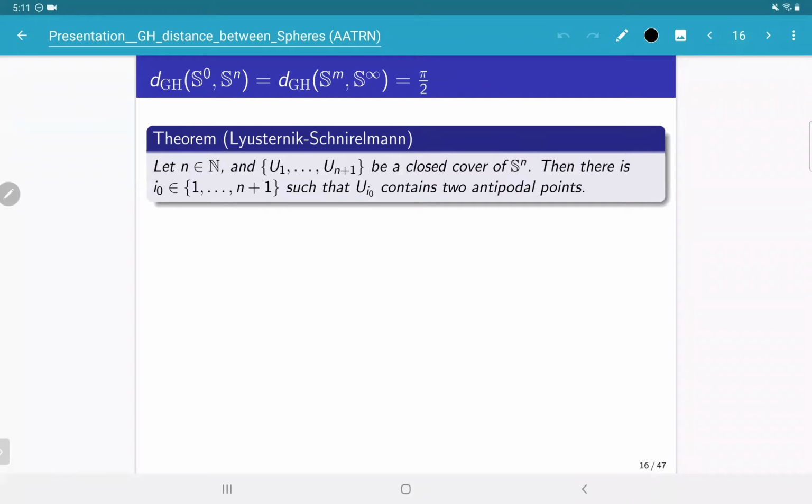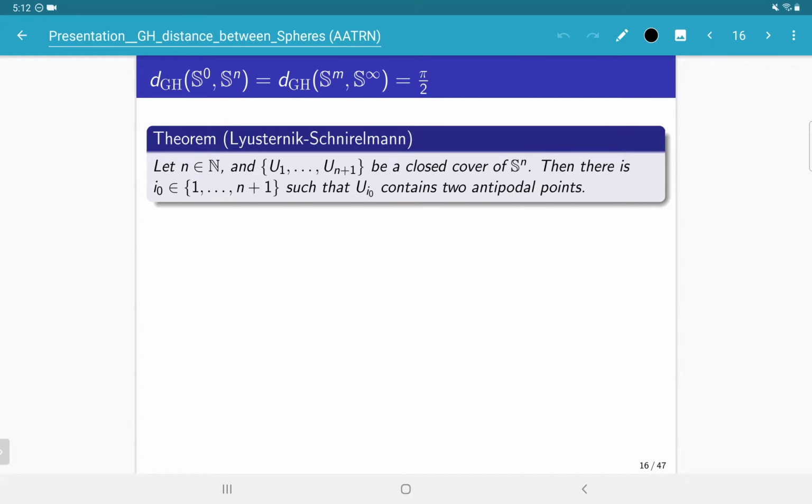Okay, so let's see. First, I want to prove the Gromov-Hausdorff distance between S0 and Sn is exactly equal to pi over 2. And the Gromov-Hausdorff distance between Sm and S infinity is also exactly equal to pi over 2. To show that, the main tool is the so-called Schroemann theorem, which is this.